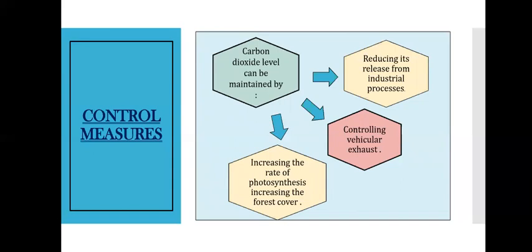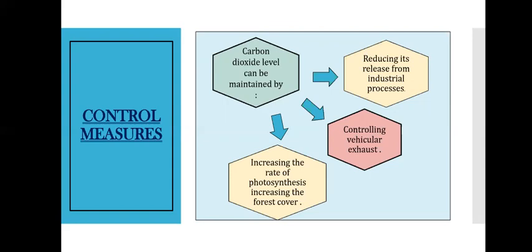We go into the second part, and that is controlling vehicular exhaust. As I already said, automobile exhaust is one of the primary contributors towards the release of carbon dioxide. So there has to be a modification in the design of the exhaust so that a minimum amount of carbon dioxide is released into the atmosphere.